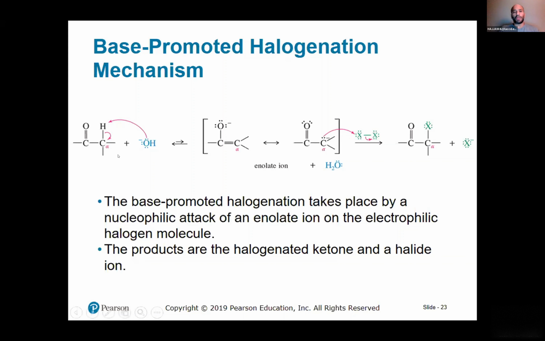So the process is very simple. The OH minus grabs the hydrogen, it gives you the enolate, and whether you use the O minus or the C minus, you could use either of the two to do the arrow pushing. If you decide to use this, the O minus will make the C double bond O, and the C double bond C will attack the halogen to give you the alpha halogenated product.